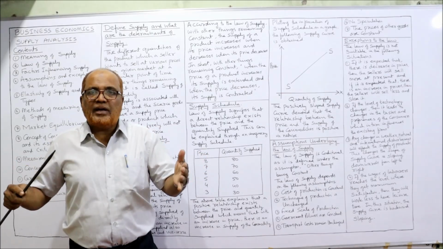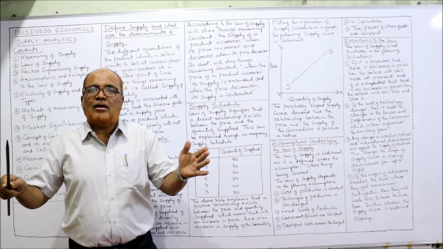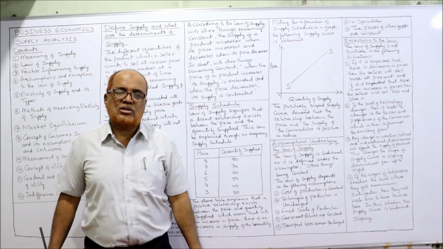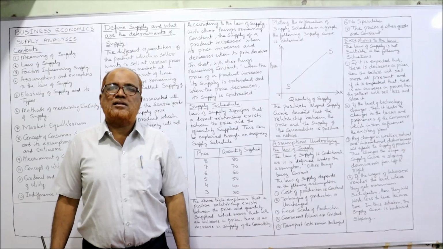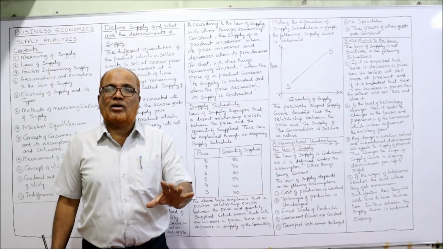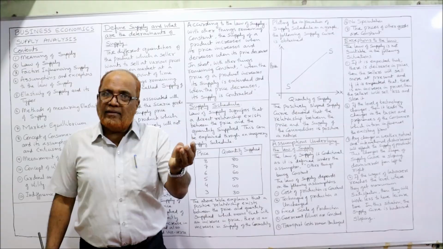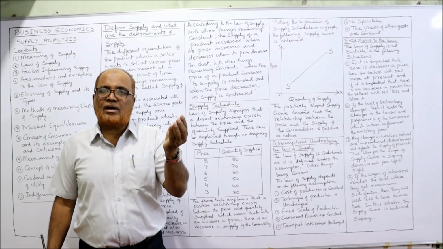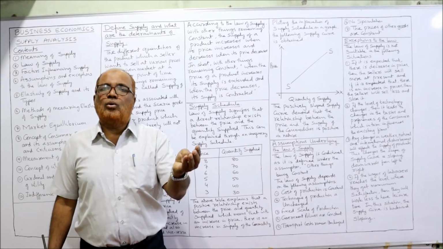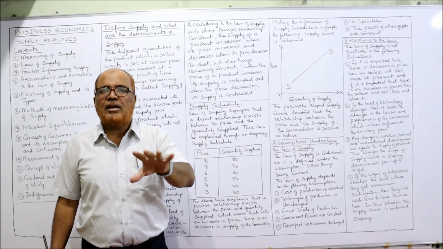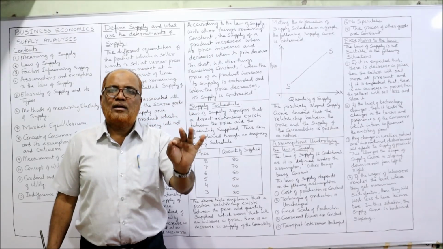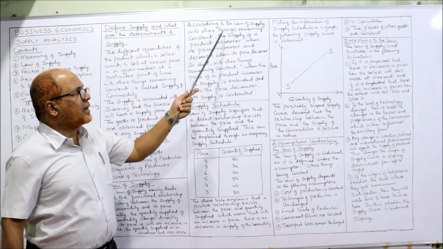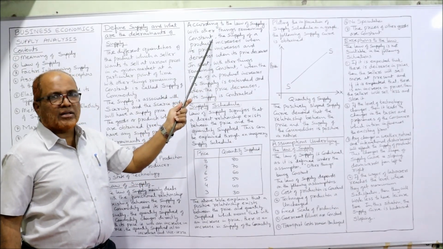We are assuming that other things are remaining constant, then only we can say there is a direct relationship between price and supply. That means the level of technology, the changes in technology, the objective of the producer, the prices of related goods, all these things are remaining constant. Only the relationship exists between price and supply.